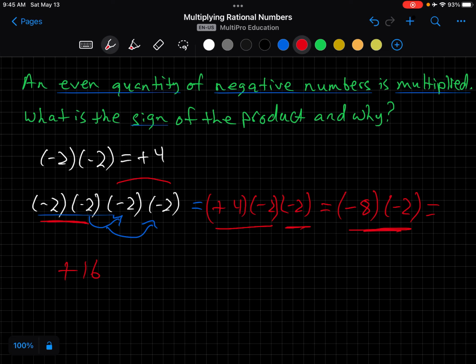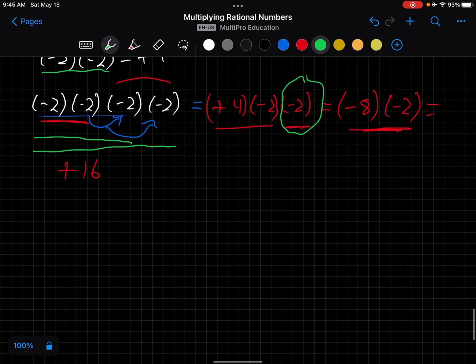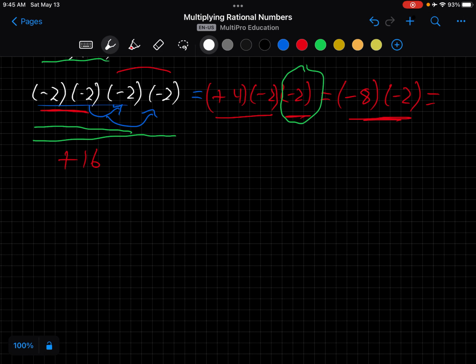So we noticed something here. If we didn't have this number here, our result would have been negative. So if we would only have 3 negative 2's. But if we had 2 or if we have 4, then our answer is going to be positive. Okay, so this goes back to the rules.